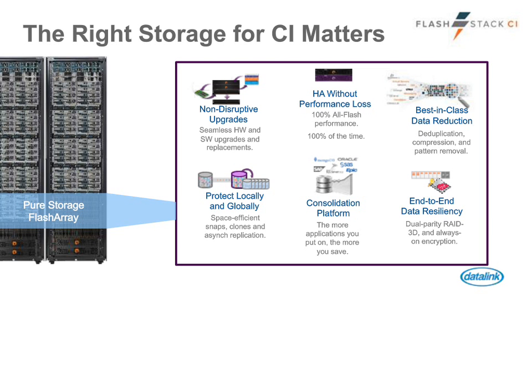If you look at all the different data reduction processes that the data goes through, that is essentially our secret sauce for allowing us to offer flash at the cost of spinning disk. So data reduction is very, very critical when you're implementing an all-flash solution.